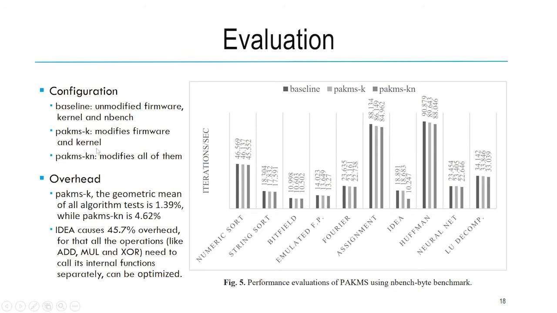PAKMS-KN modifies all of them. The result shows that the overhead of PAKMS is reasonable and acceptable. Even the worst case, IDEA, is because all the operations in IDEA need to call its internal functions separately, and it can reduce the overhead by optimizing the algorithm with fewer internal function calls.